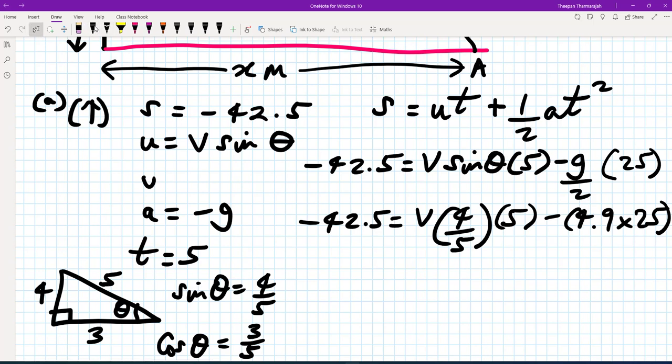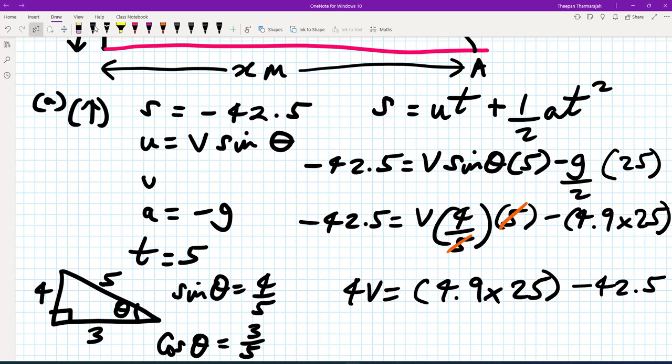So the 5 and 5 cancel out. If we rearrange that, we should get the result required. So we should get 4v is equal to 4.9 times 25 minus 42.5.